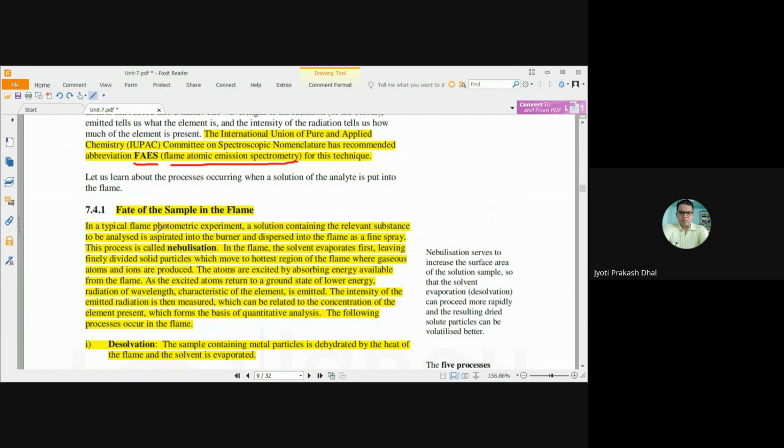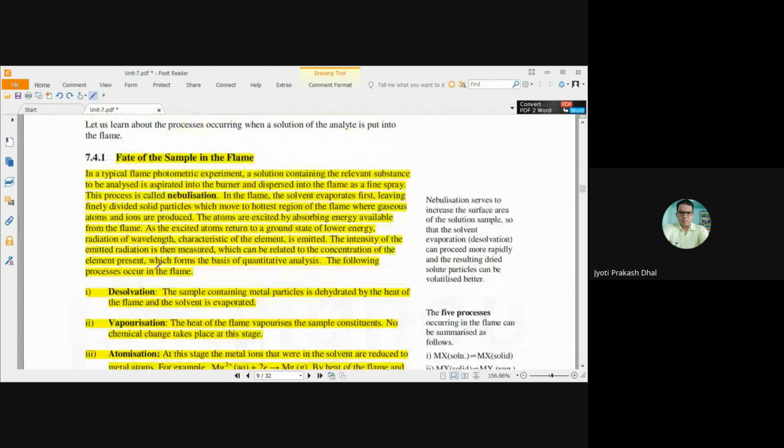That means the substance should first be made up in the form of a solution with a suitable solvent, and the solution containing the substance to be analyzed is aspirated into a burner and dispersed into the flame as a fine spray. This process is called nebulization.